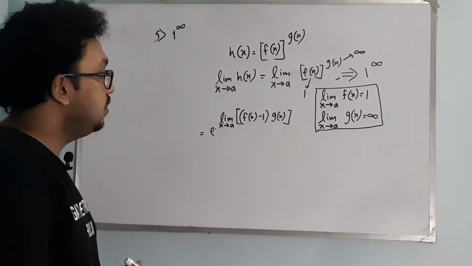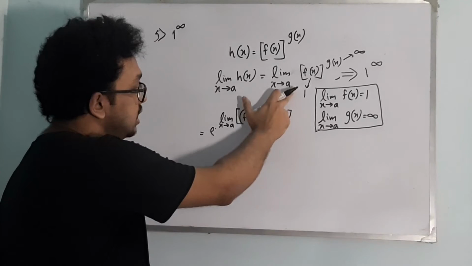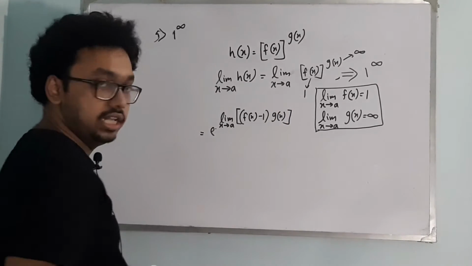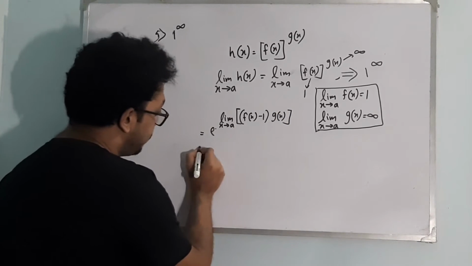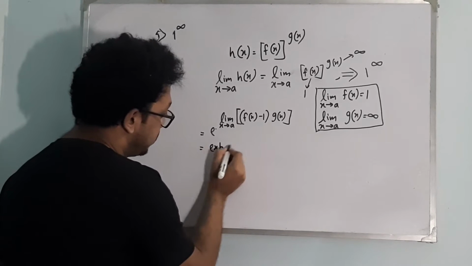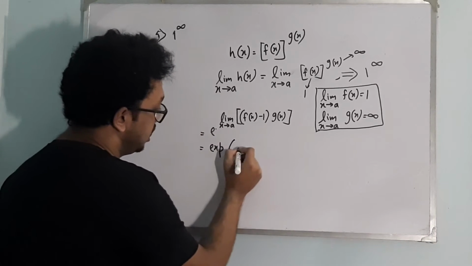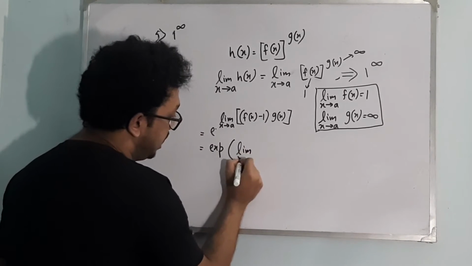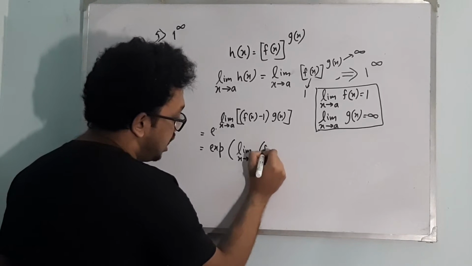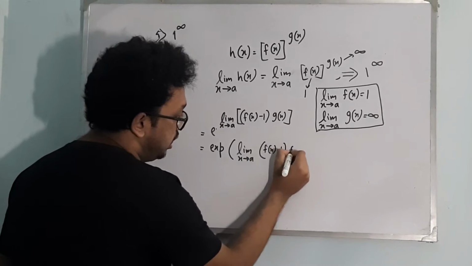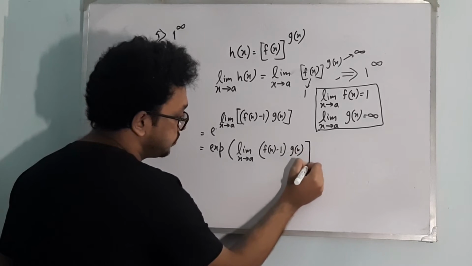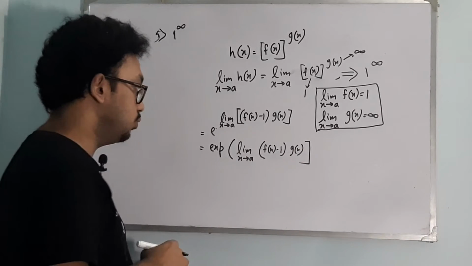That is, when we have a 1 to the power infinite form, then this limit can also be written like this. This can also be represented as an exponential. This exponential is coming for this e. Exponential of limit x tending to a of (f(x) minus 1) into g(x), right? You can use this formula.